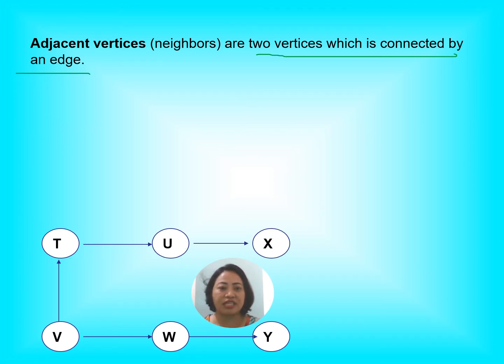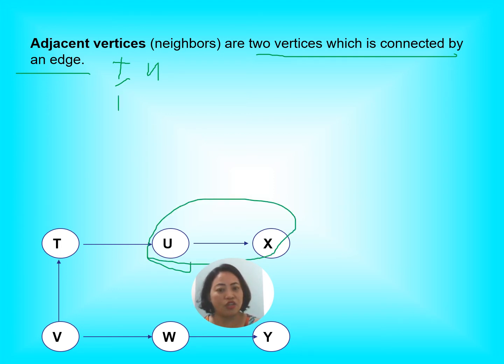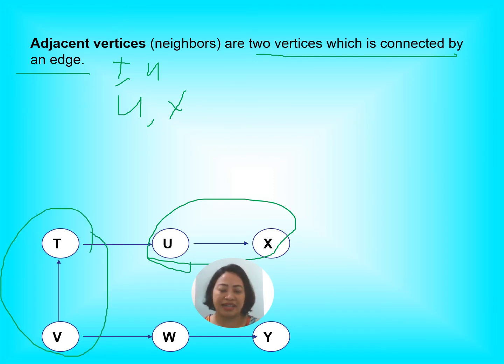That is an adjacent. Okay, what else? So adjacent vertices are T and U. Okay, another set of adjacent are U and X. Okay, how about T and V? Are they adjacent? All right. So from V to T, they are still connected.